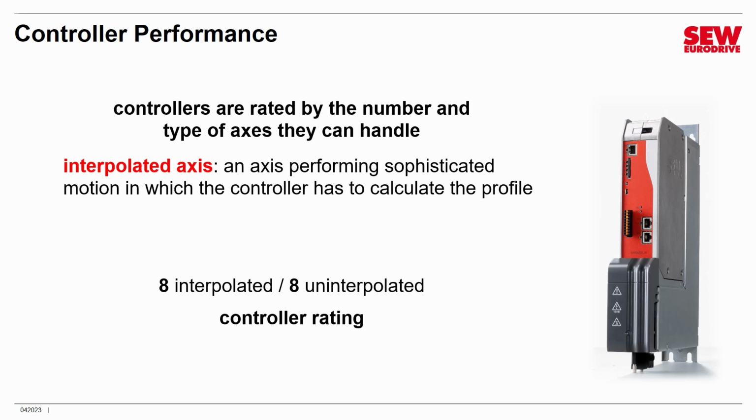In situations like this, the VFD can't generate that motion all by itself. What it needs is the controller to tell it to go step by step and generate that complex motion profile. That means the controller's doing a lot of calculating. It's using a lot of computing horsepower to generate that path. That is an interpolated axis.